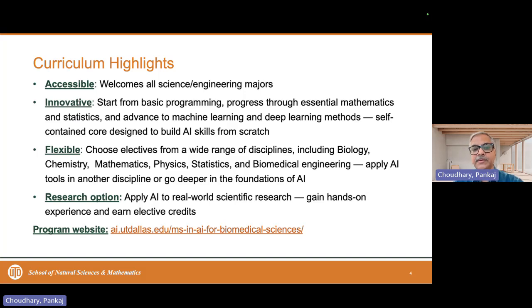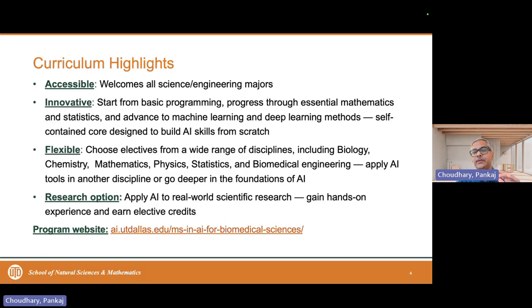And we quickly get you up to speed in these AI and data science methods. And then we hope that when you take the electives, you will be able to apply these core techniques that you learn. When it comes to electives, even this is very flexible. You can choose from a range of disciplines, and these include biology, chemistry, mathematics, physics, statistics, and biomedical engineering, and even neuroscience.